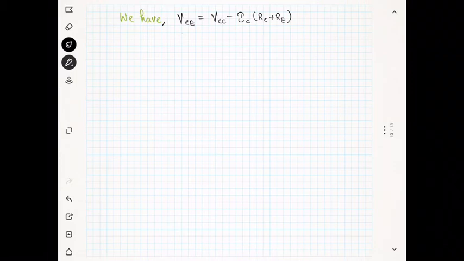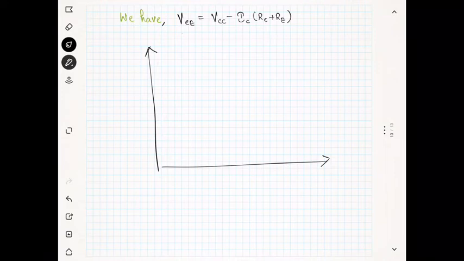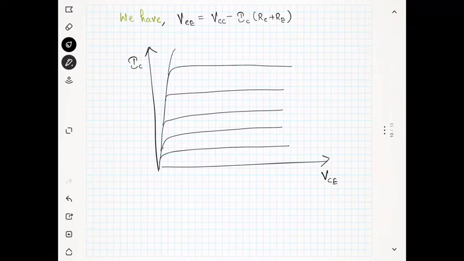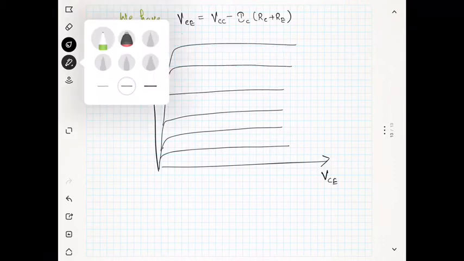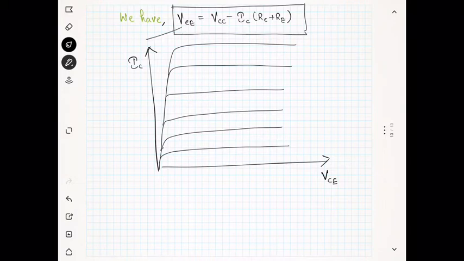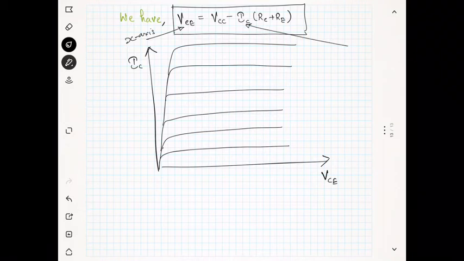Let us assume that we have the x-axis and y-axis, VCE and IC, and this is the transistor characteristics that you know. Now we want to draw the load line. The load line is actually coming from loop 2 according to this equation, and this equation contains VCE, that means it is the x-axis, and IC, that is the y-axis.